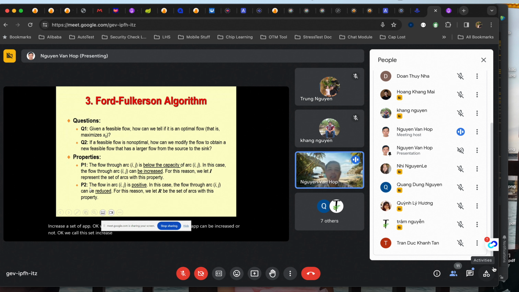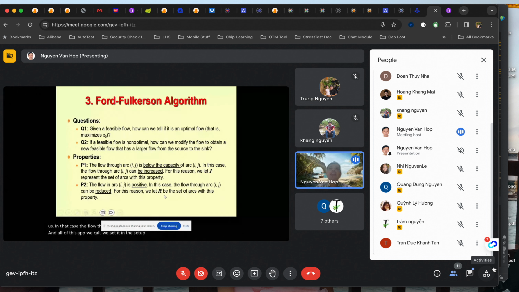The second property is if the flow in the arc is positive, then we can modify that flow by reducing it. If it's bigger than zero, then we can reduce that. In that case, we call that a reduce arc, and all of these arcs we put in the set of reduce arcs.